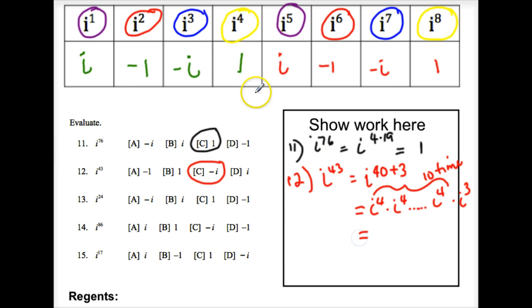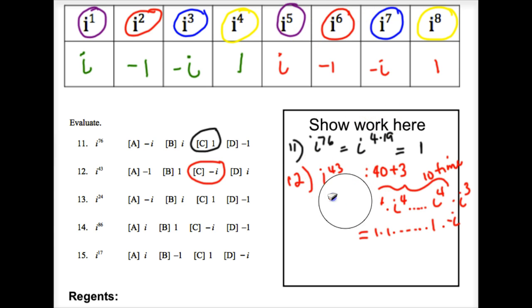So i to the 4th is always going to be 1, so I have 1 times 1, blah, blah, blah, times 1 times, what's i to the 3rd? i to the 3rd is -i. And I know 1 times 1 is always going to be 1, and then 1 times -i is going to be -i. So make sure you copy this.